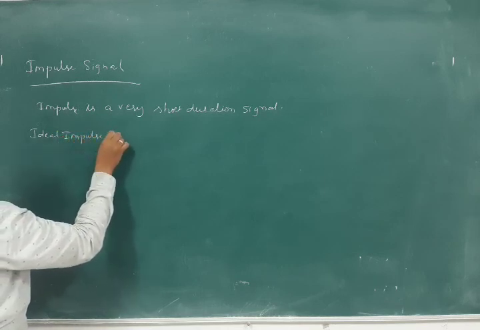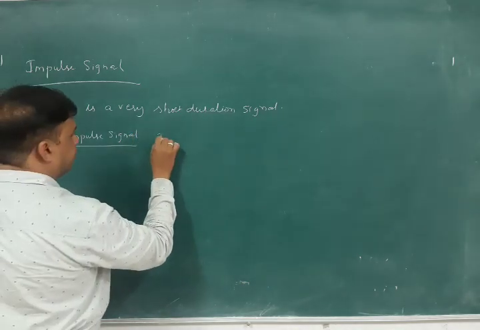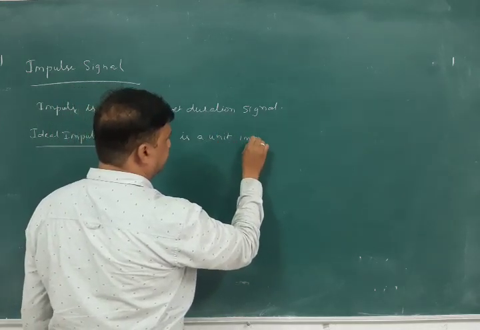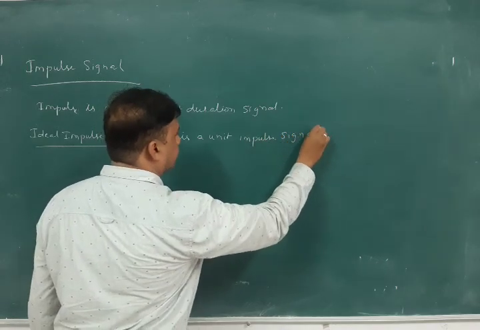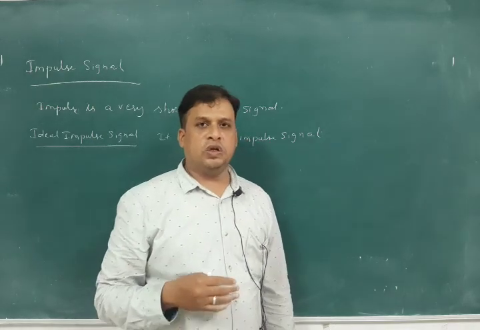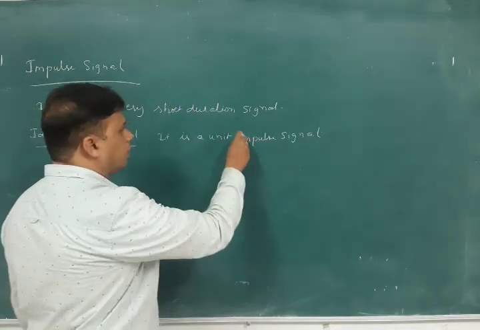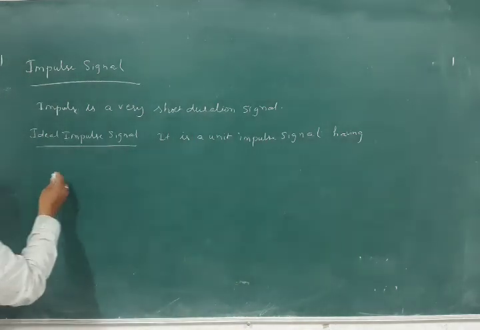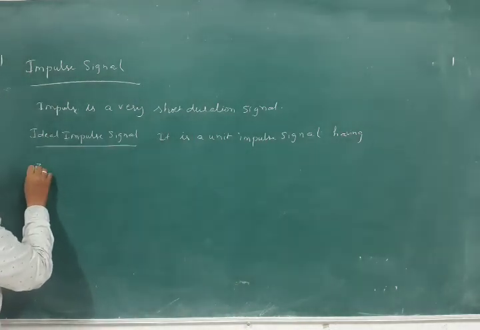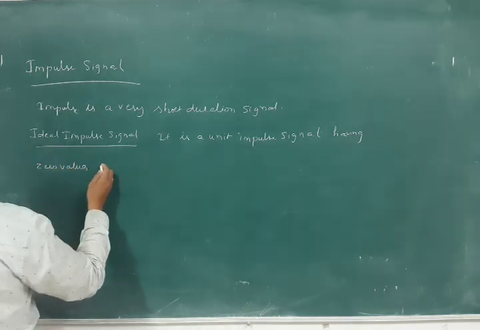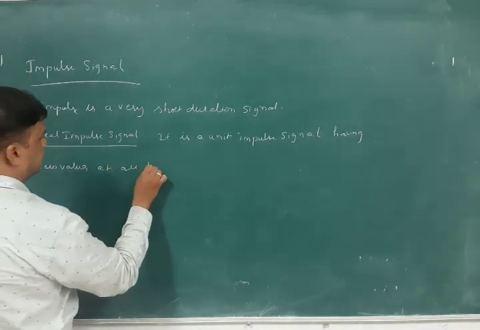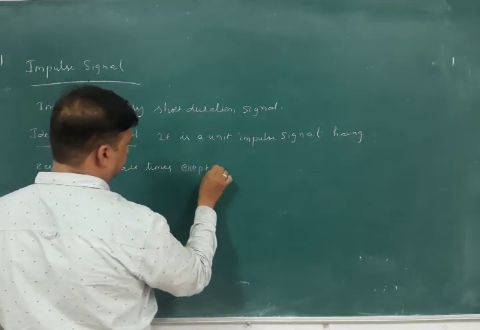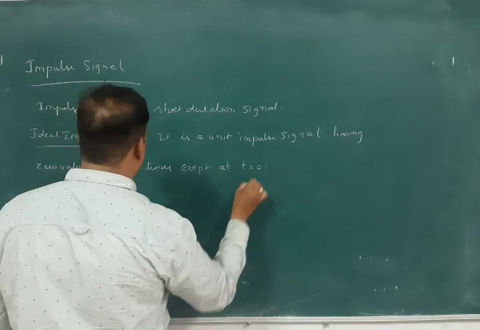An ideal impulse signal is nothing but a unit impulse signal, which has the value 0 at all times except at t is equal to 0.